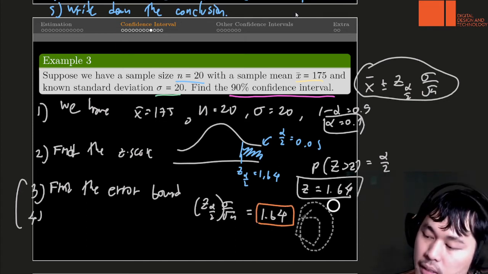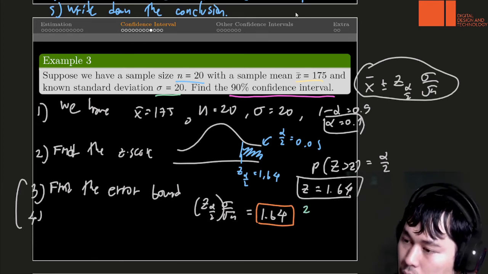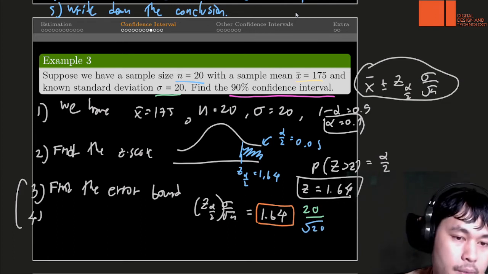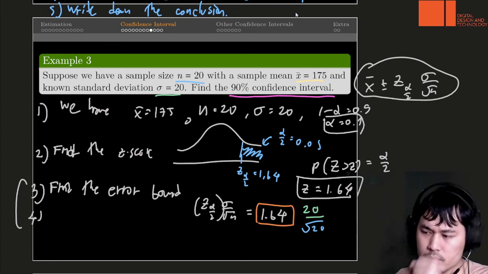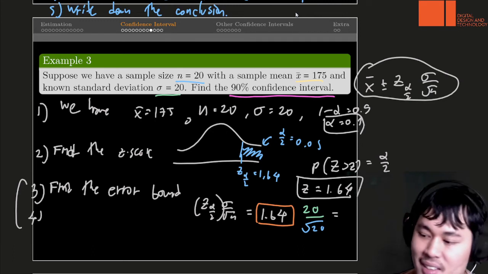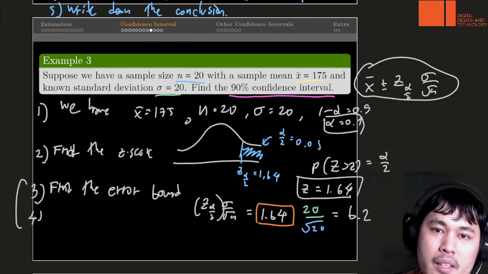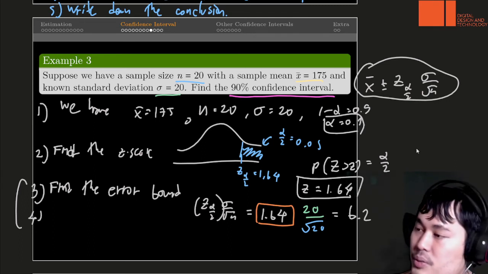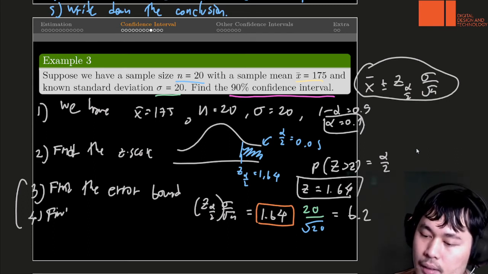Then the margin of error is sigma, which is 20, divided by the square root of n, the square root of 20. You'll have to use your calculator to get the number, which should be about 6.2.